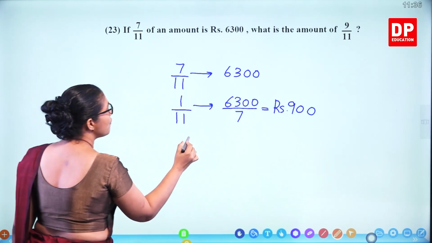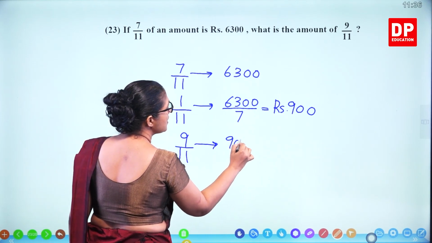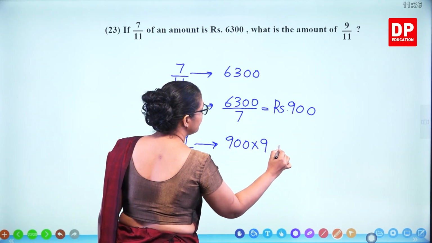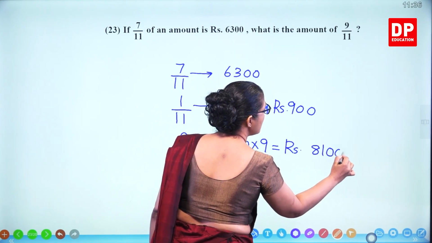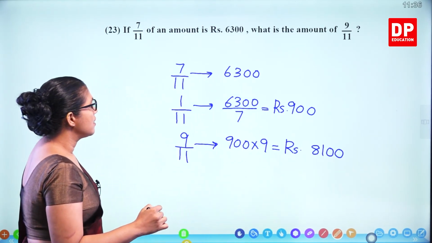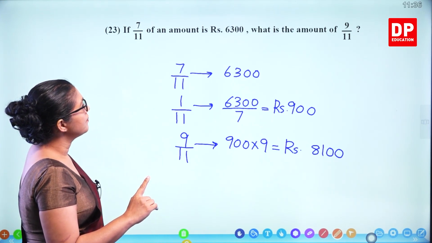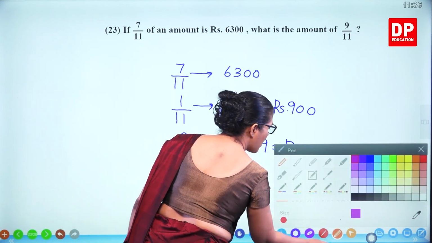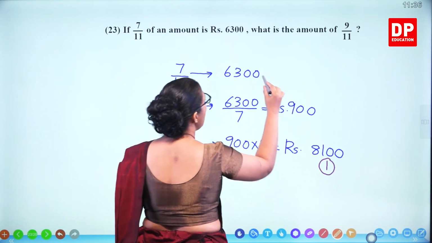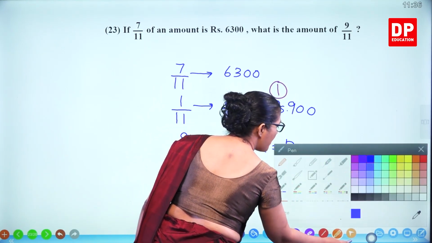Then you can find for 9 parts. 9 parts means you multiply by 9. So you get 8,100. 9 times 9, 81. So you get 2 marks, 1 mark for this and 1 mark for the method. Accuracy mark and the method mark.